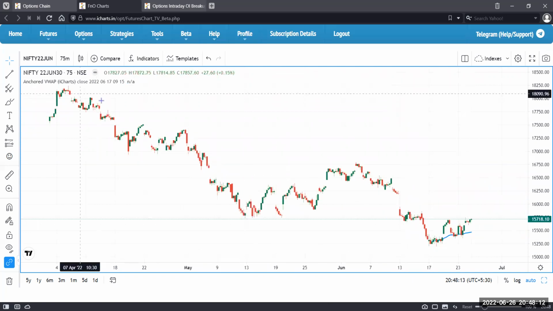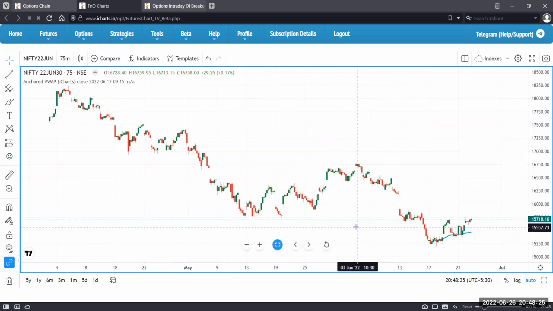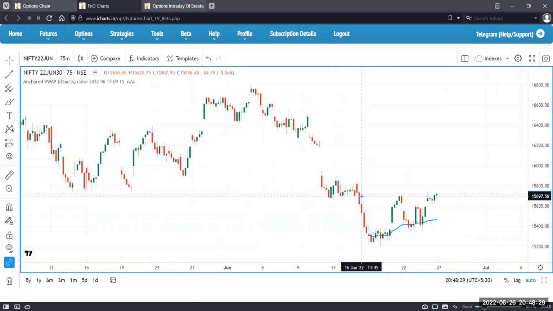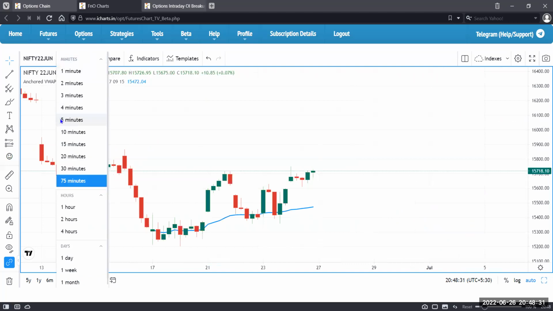So this kind of gives you support and resistance, live, running kind of support resistance. So a lot of people do analysis like volume profile, something like that. Yeah. So you can do that. So I hope this is.